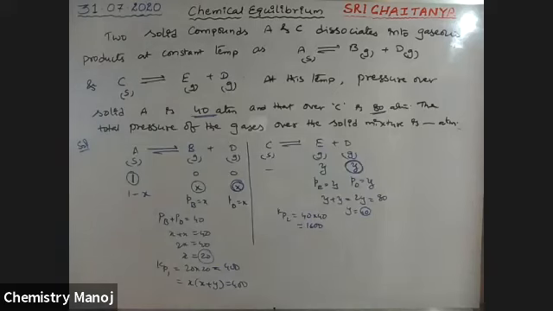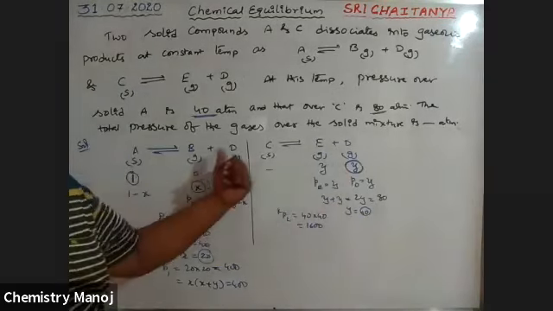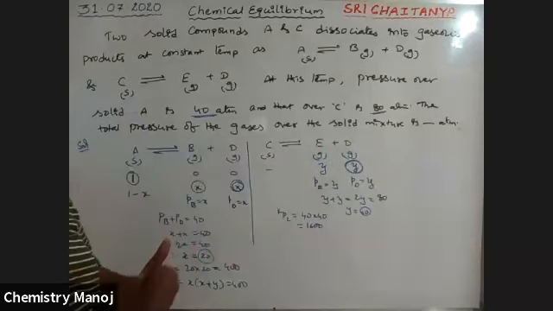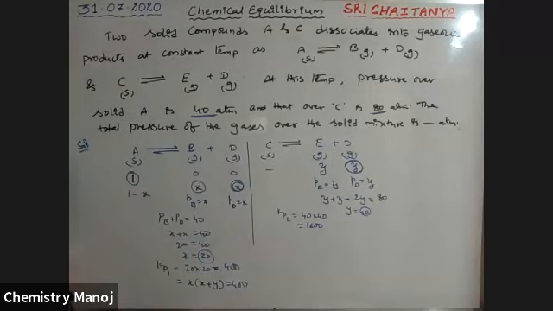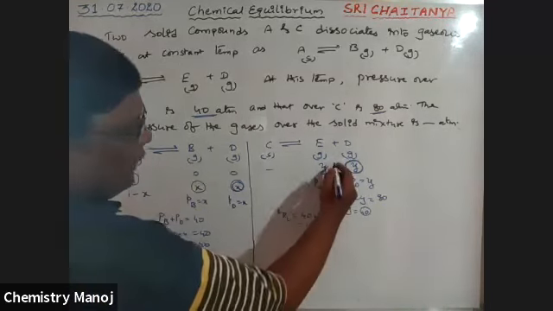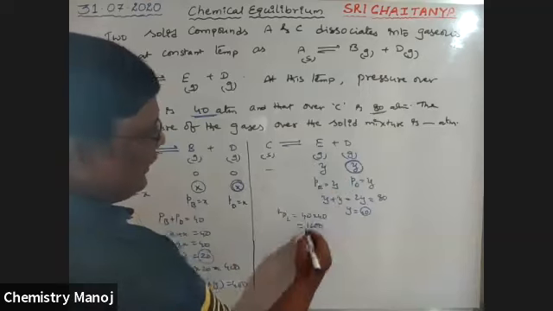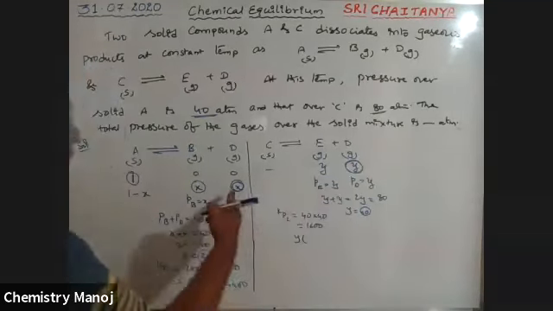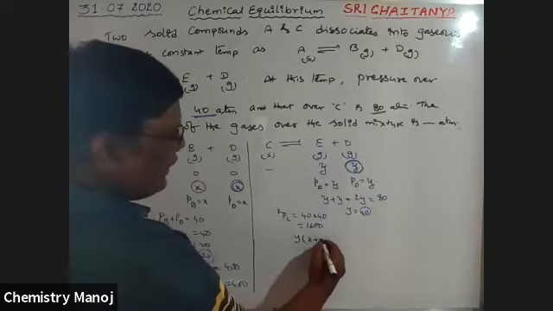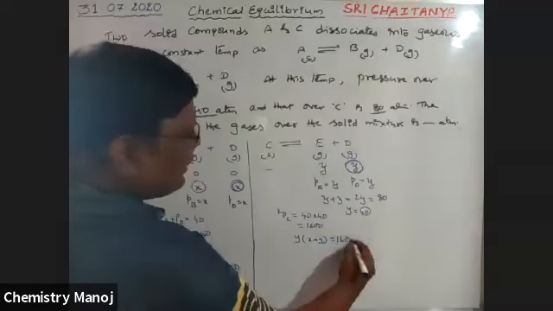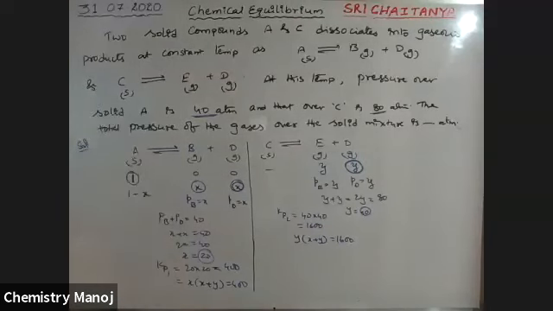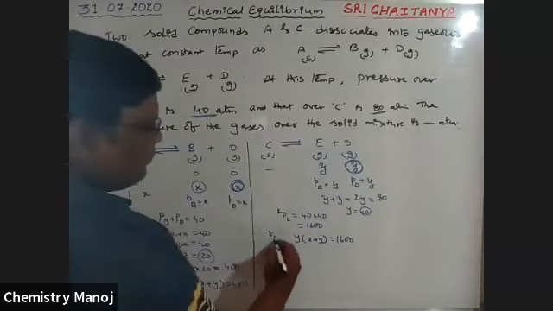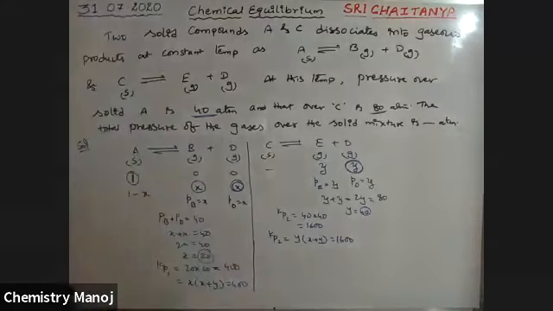Because x and y together make up the total partial pressure of D. Next, Kp2 is y into x plus y, equal to 1600, because both take place simultaneously.